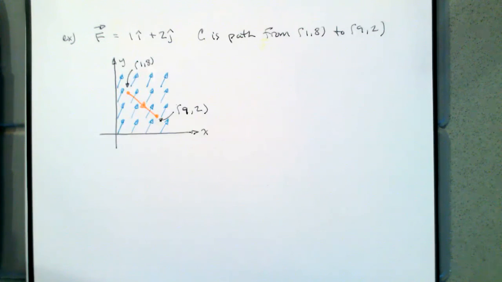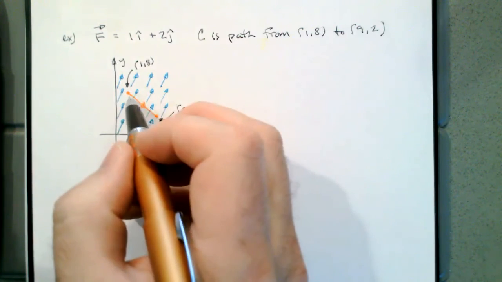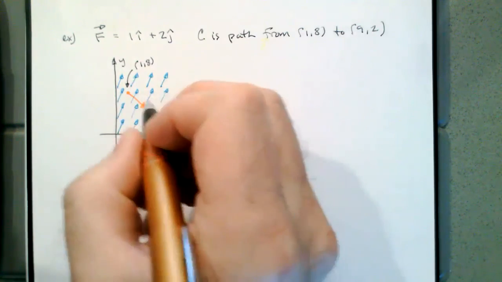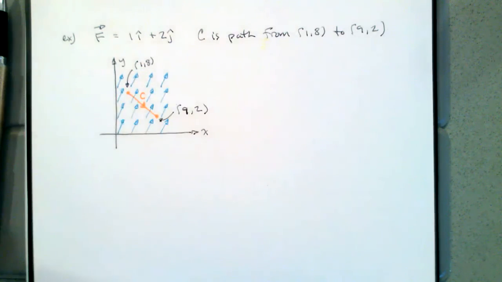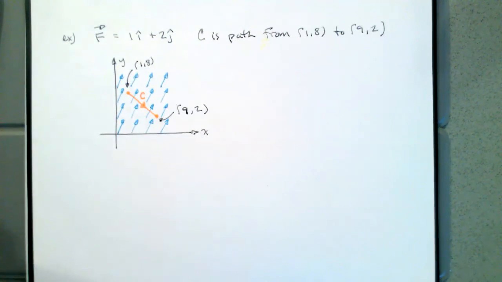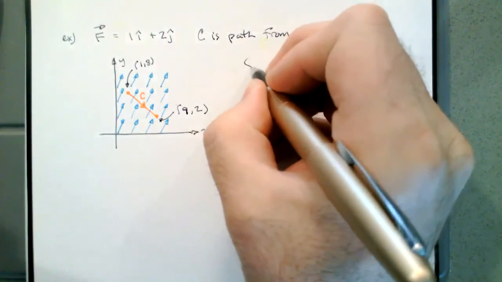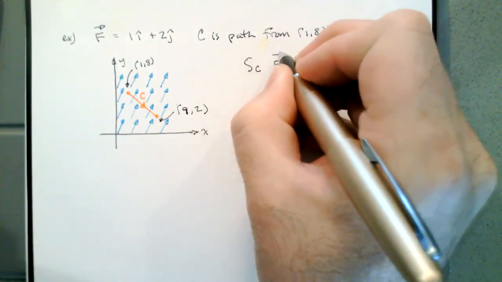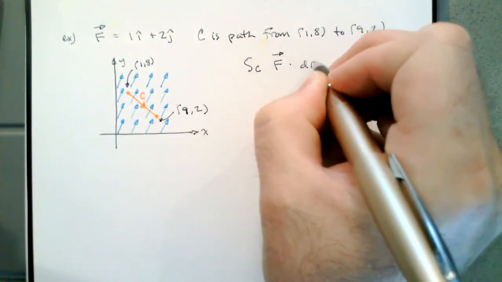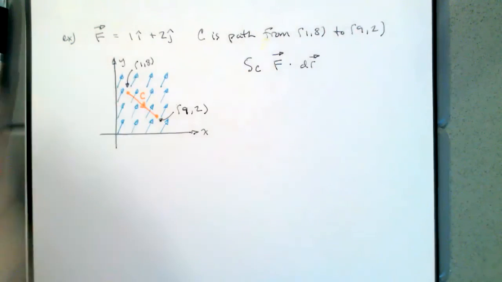So from 1, 8 to 9, 2, it's indicating this direction. So right and down. There's our path C. And we want to calculate the line integral. I want to calculate the integral along the oriented curve C of the vector field F dot dr, where dr is some small segment of the curve.